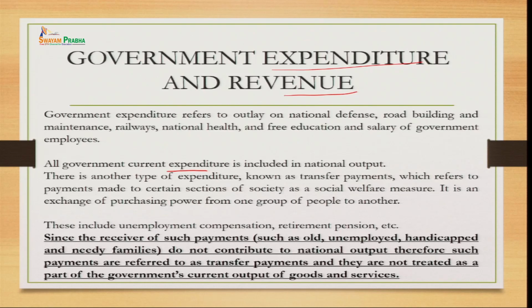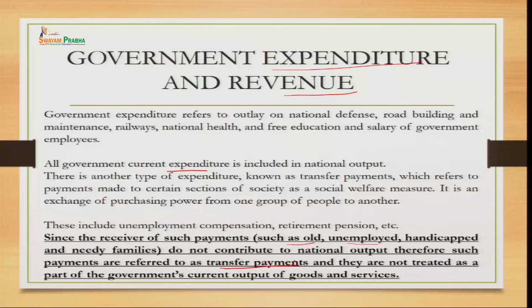For example, payments to old people, such as retirement pensions, payments to unemployed or handicapped people, or to needy families. Payment made in this form is not going to be taken into account for the calculation of national income, because this kind of payment is usually called transfer payments.